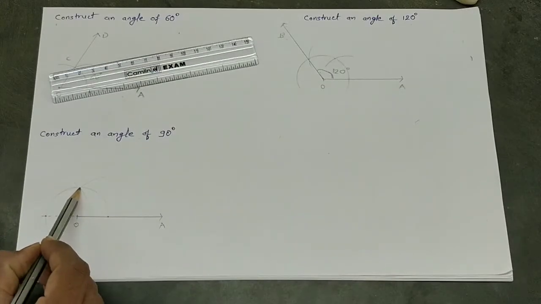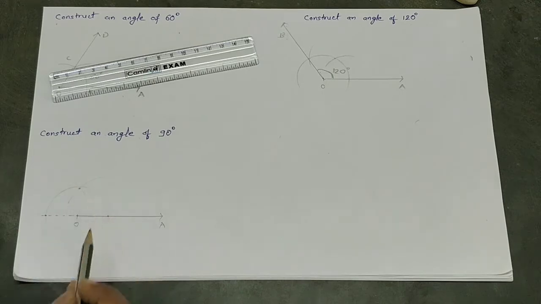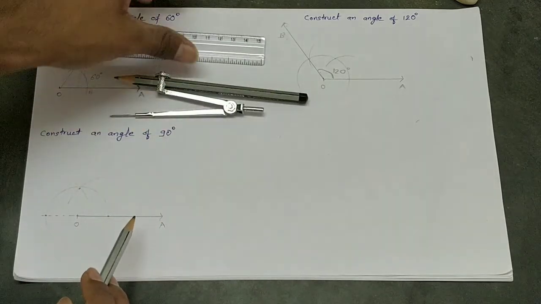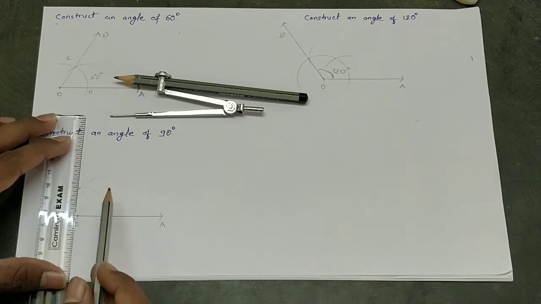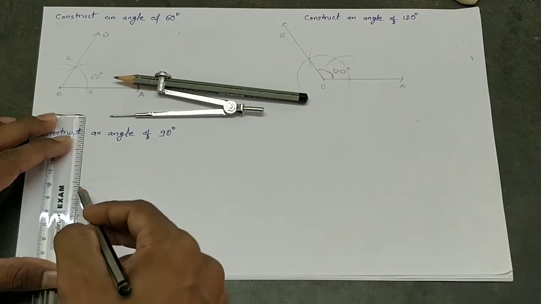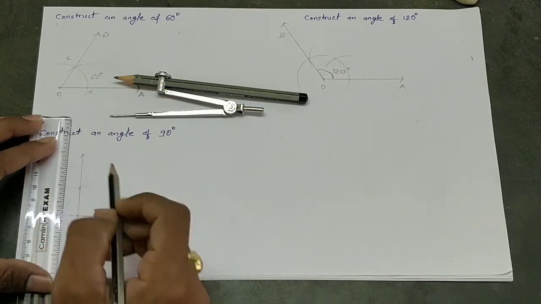As you can see, I can get a point over here of these two arcs. They are intersecting at this point. Now if I draw one line from point O passing through this point, the intersecting point of these two arcs, I am going to get an angle of 90 degree.